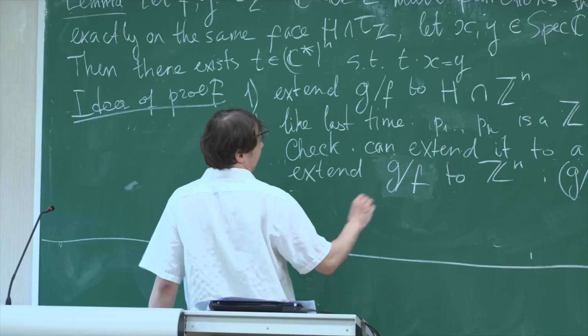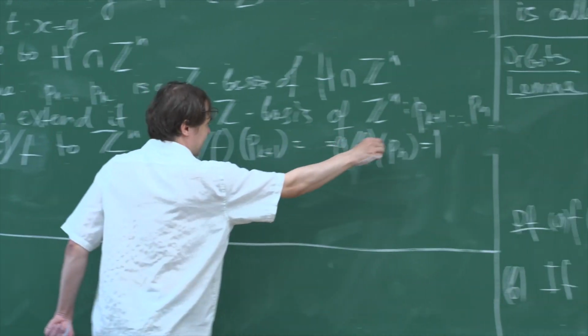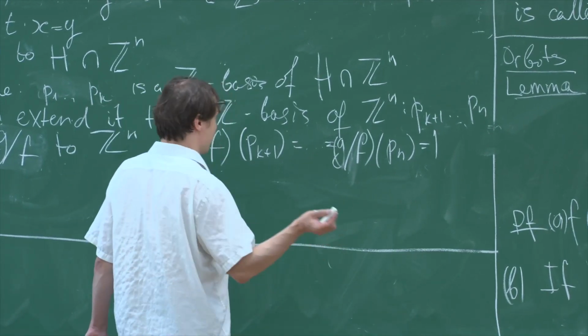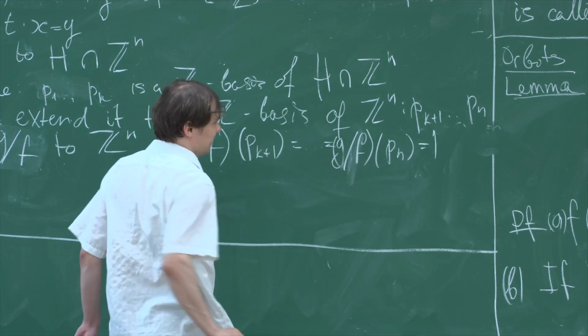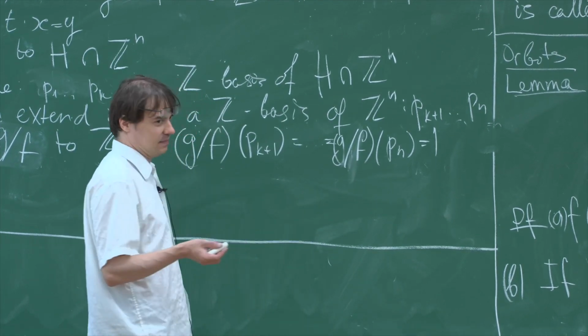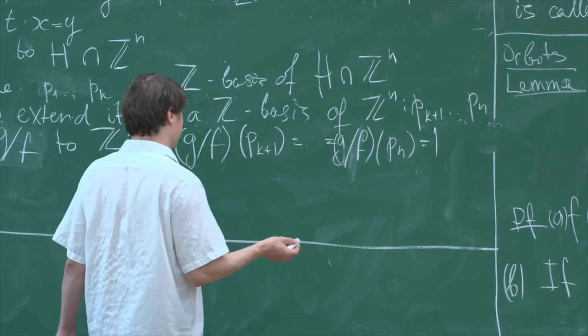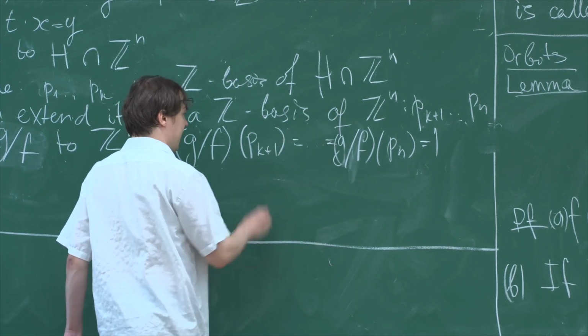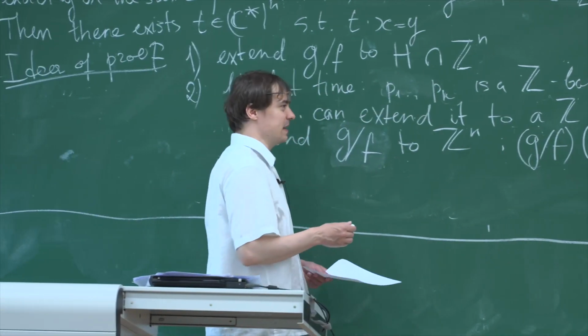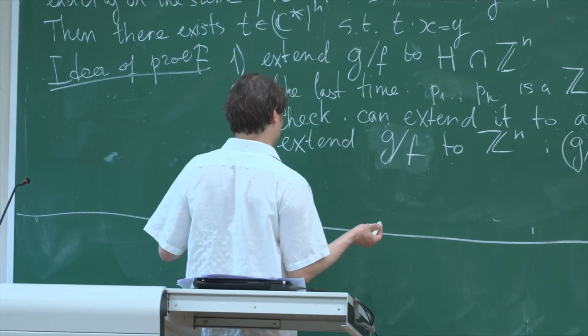And so at the basis points, the new function equals 1, but otherwise somewhere outside this H it may not be equal to 1, because we want multiplicativity. So the values are determined by the values inside H and at these basis points. If you chose different basis points, the function will be different.